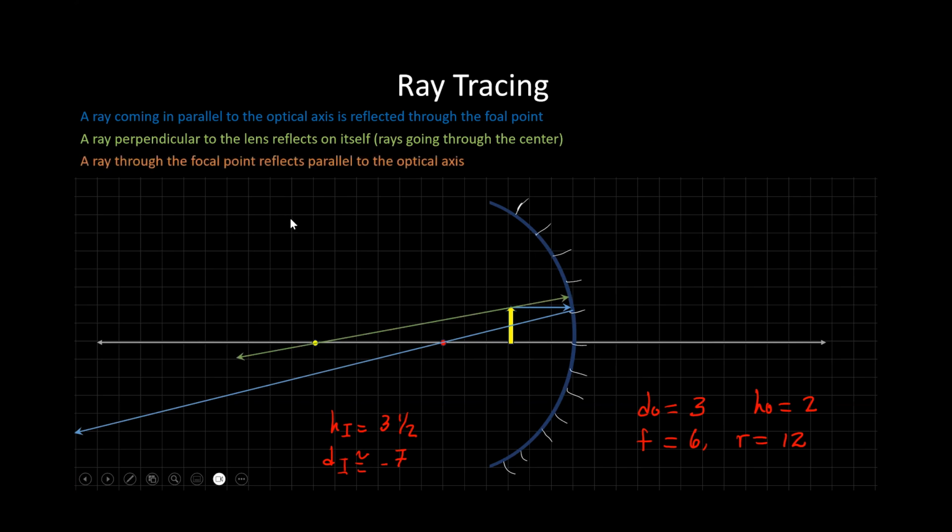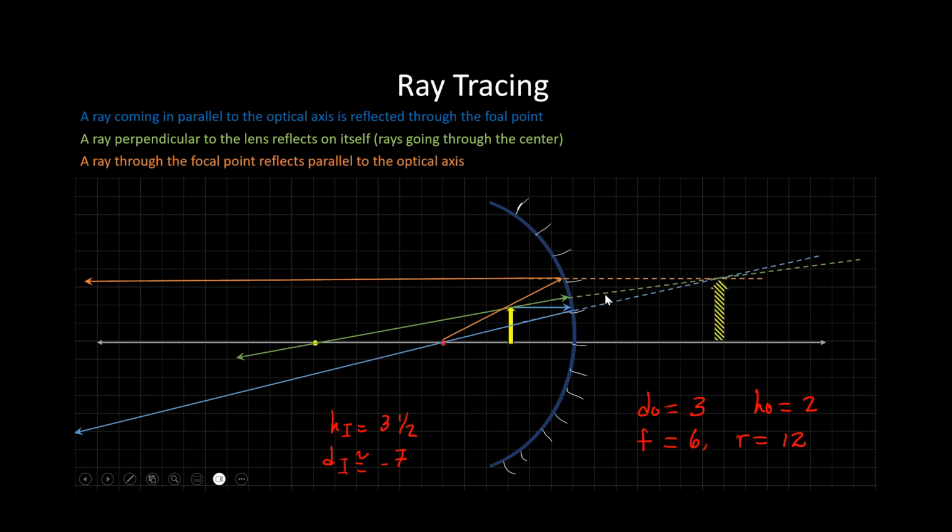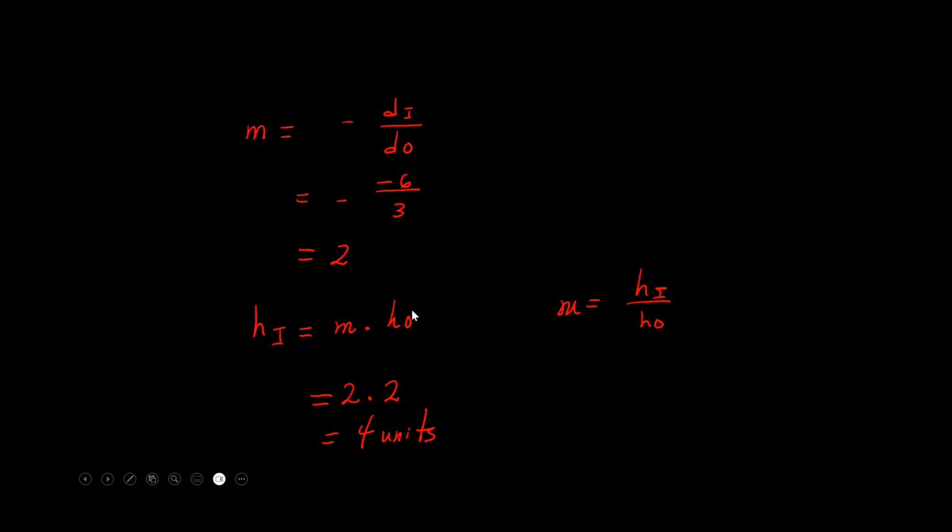A ray parallel to the axis, going through the focal point, reflects parallel to the axis. They don't meet on this side, they meet on this side. If we extend the reflected rays back, wherever all 3 of them meet, that is the image right there. Virtual, upright. Okay.